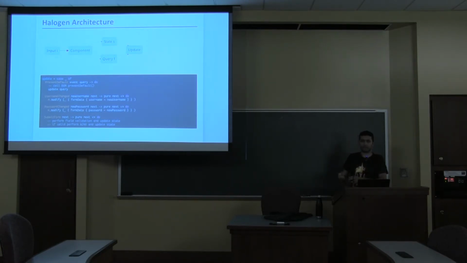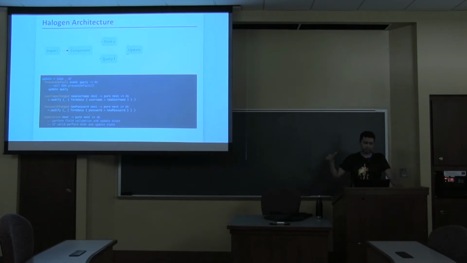So this is your reducer, if you will. But the reducer also works in an asynchronous mode, which is awesome. It's way better than a lot of other stuff out there, because you can do Ajax requests and everything in here with do notation. It's pretty nice. Would you write one of these for the application or one per? One per component, yeah. Each component has its own input, state, query, and update function.